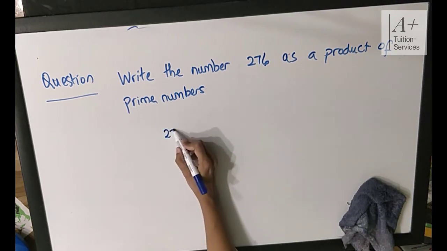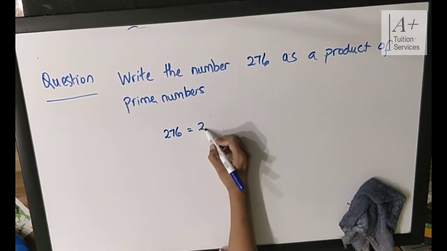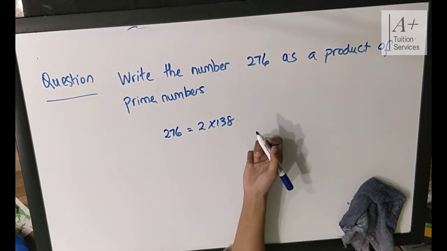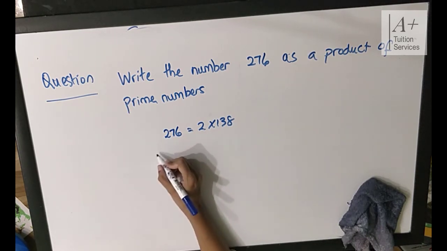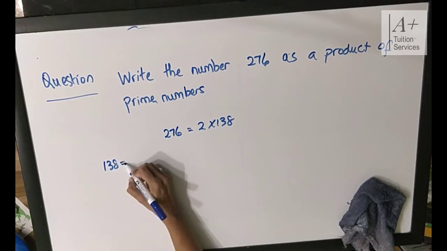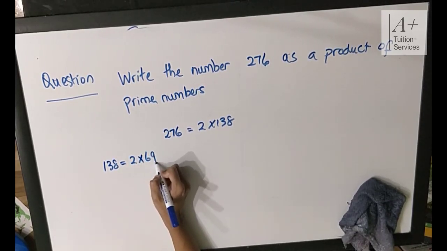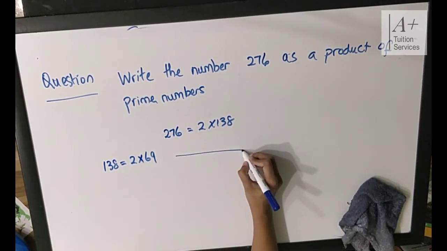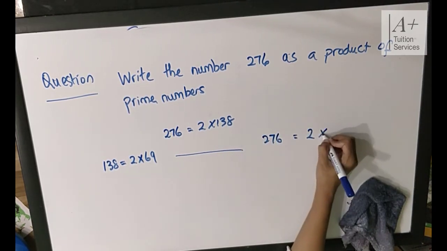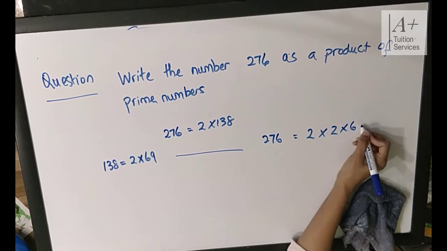So we know that 276 is equal to 2 by 138, or 138 multiplied by 2. But from this now we can say 138 is equal to 2 multiplied by 69. Therefore, 276 is equal to 2 multiplied by 2 multiplied by 69.